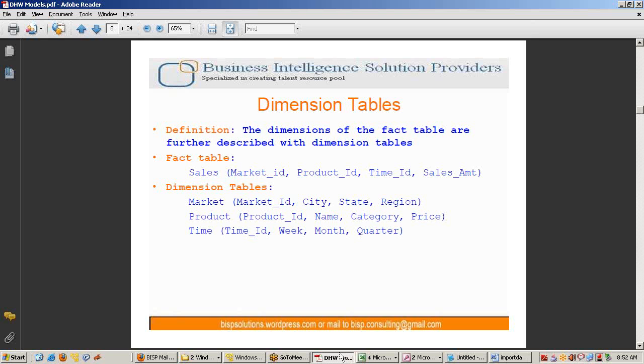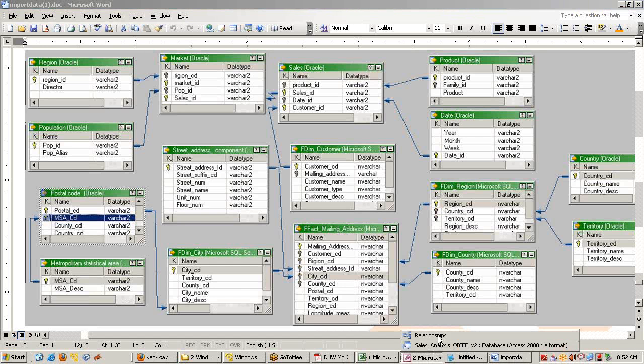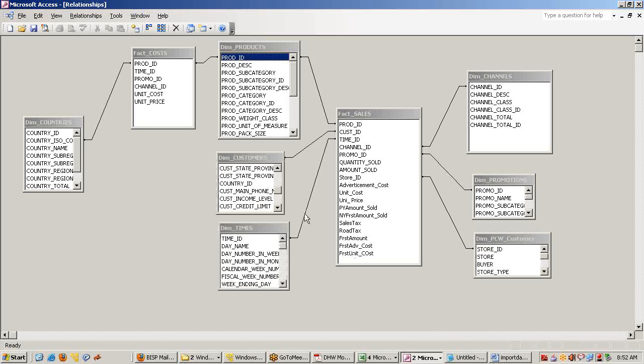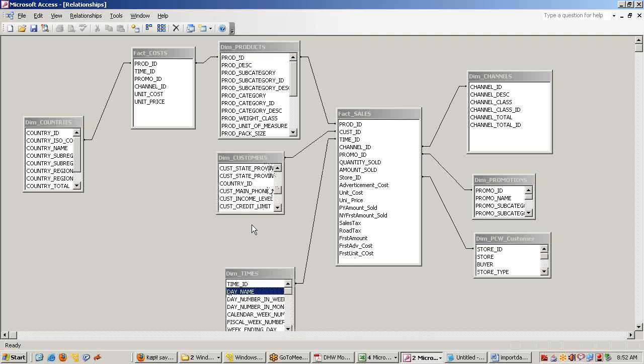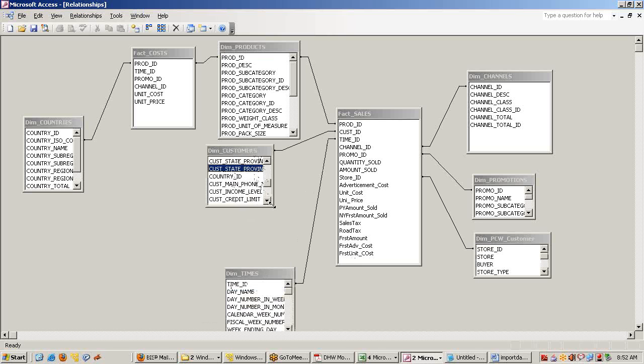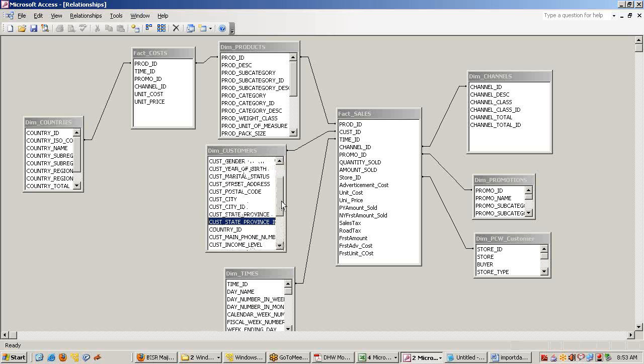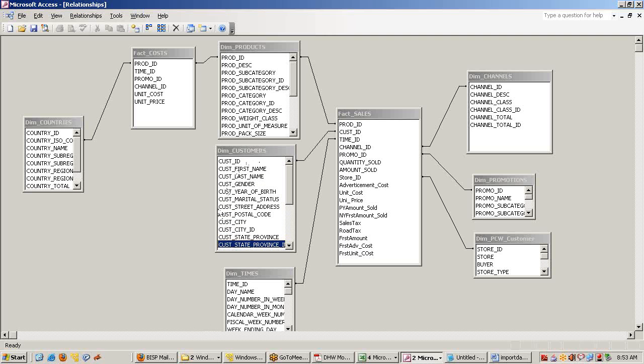But eventually, when I convert into multidimensional model, we join all these tables, we denormalize and convert into one common customer table. This is the customer table I have taken from there itself. They got province information, city, whatever, all information, all required information needed for data analysis. I join them and convert into this way.